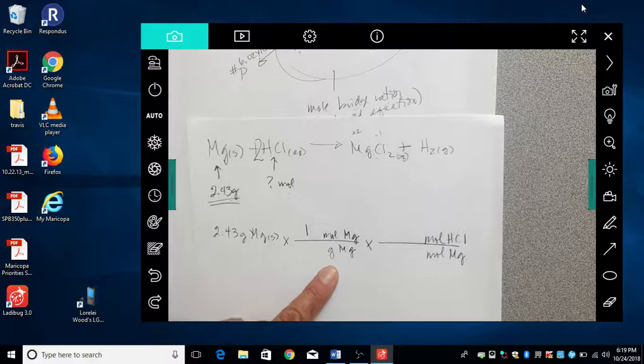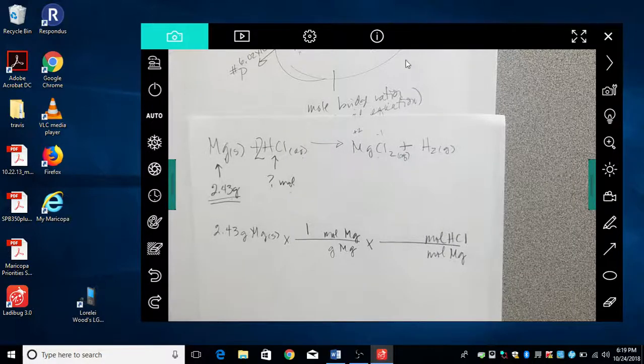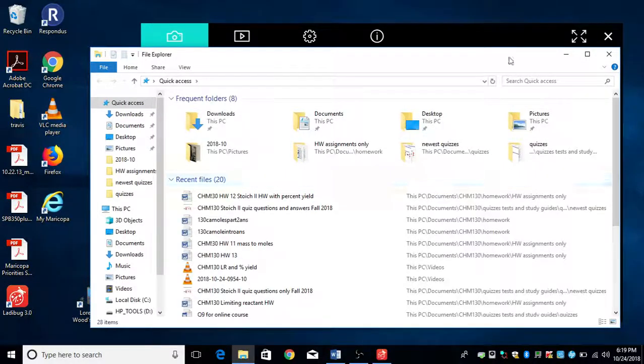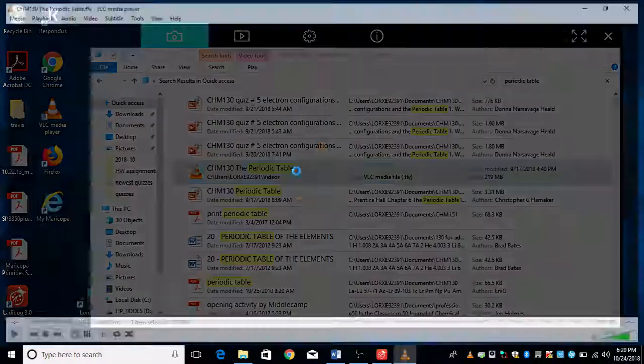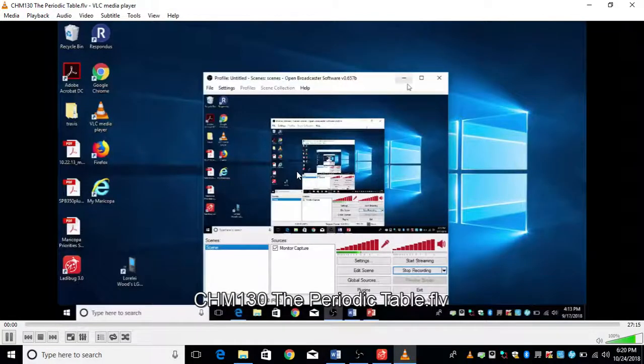If I look at the periodic table, let's see what the molar mass of magnesium is. Let's check that out real quick. Remember, whenever you see molar masses, you've got to look at the periodic table for AMUs or grams per mole.